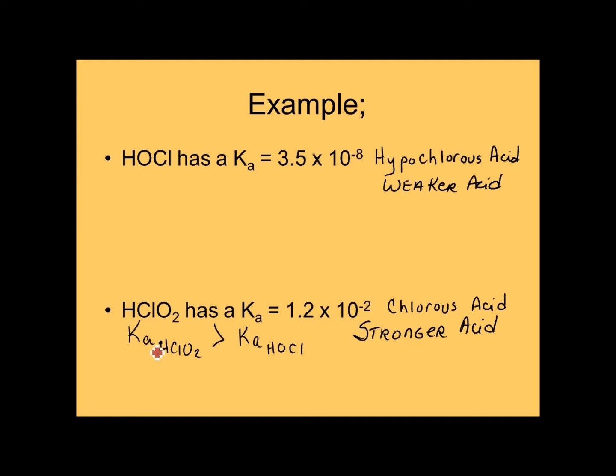So of these two weak acids, we're going to qualitatively theorize which one will have the weaker conjugate base, and then we'll do it mathematically. So we have the two acids staring us in the face, the two Kas. We've already determined that the second acid is the stronger of the two.